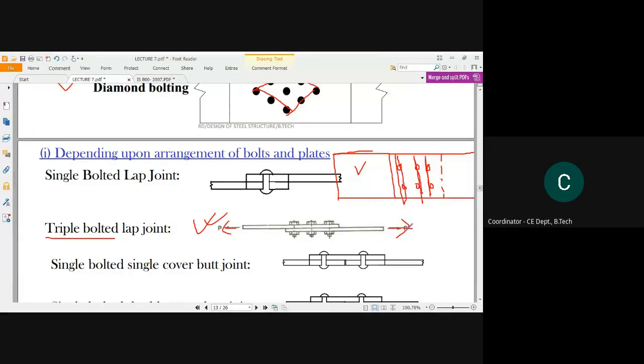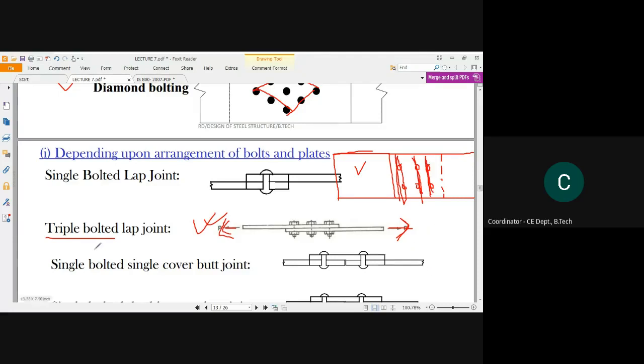The force going through this member will not be distributed individually among these six bolts. The stress will be experienced by this chain of bolting series.